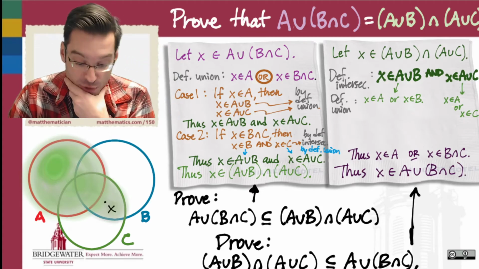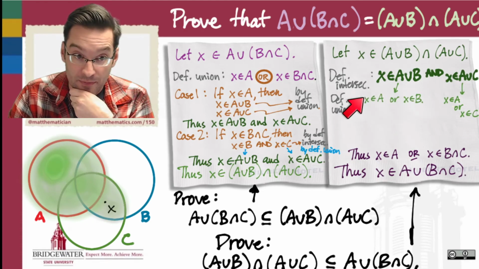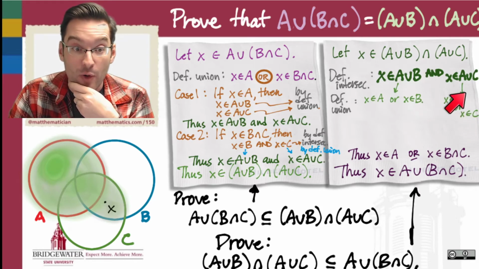So we get to assume both of these things are true, that X belongs to A or X belongs to B, and we also get to assume that X belongs to A or X belongs to C.